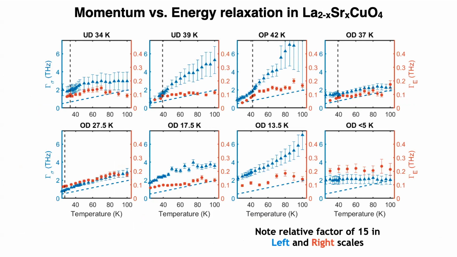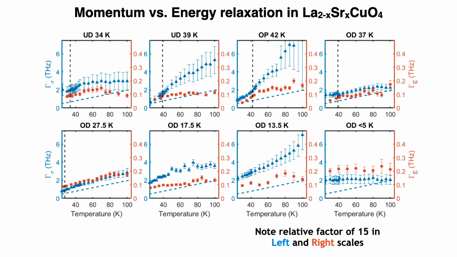In all cases, you find that the energy relaxation rate is much smaller than the momentum relaxation rate. Whether you're coupling to a bath pulling off energy, acoustic phonons or magnons in some fashion, you are not in the quasi-elastic regime.